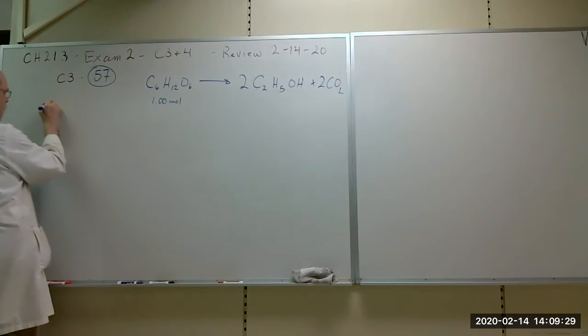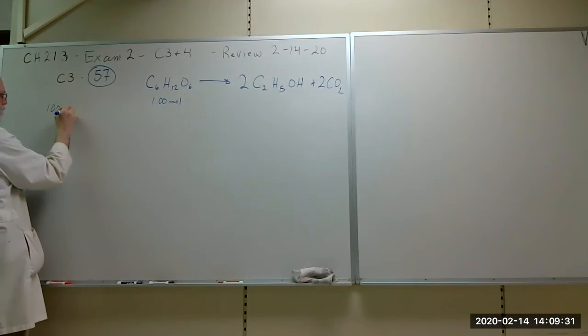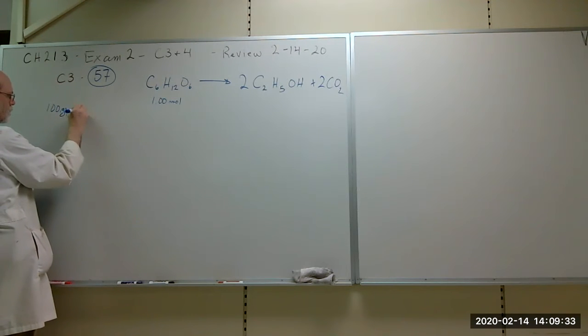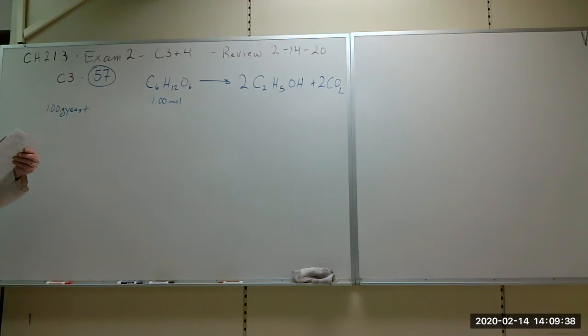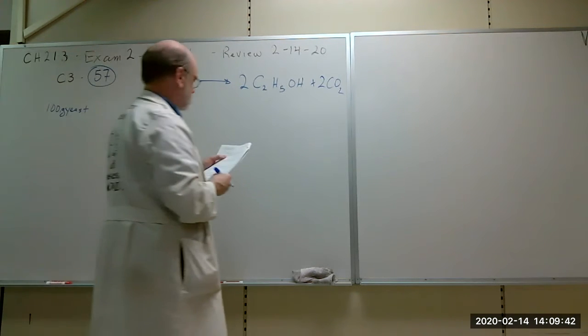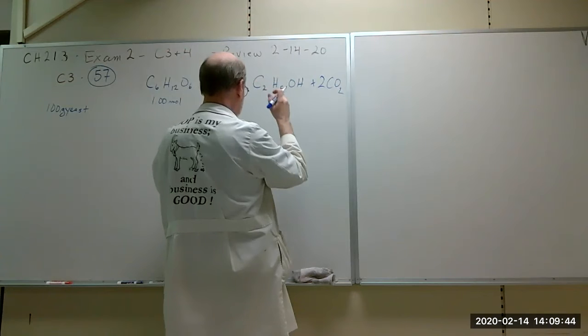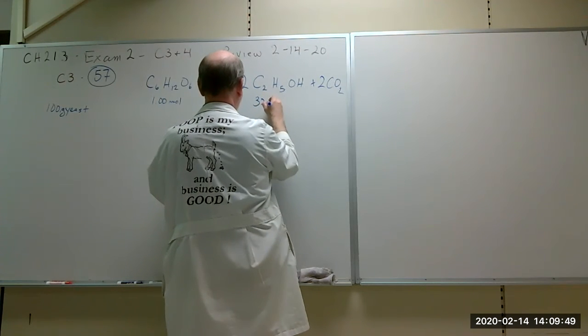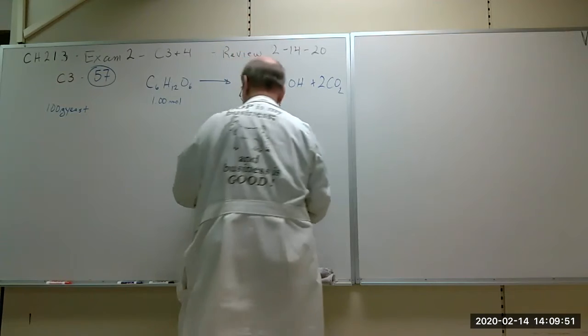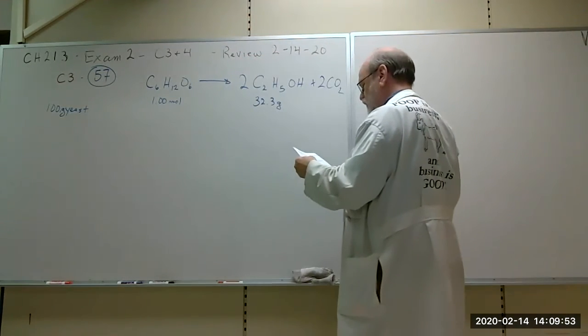I don't think that matters, 100 grams of yeast. 32.3 grams of C2H5OH was obtained. What was the percent yield?